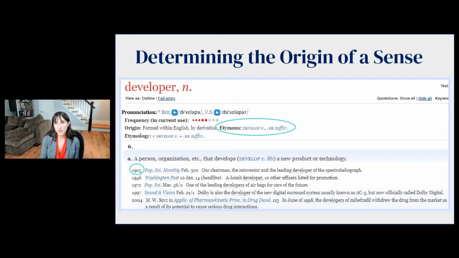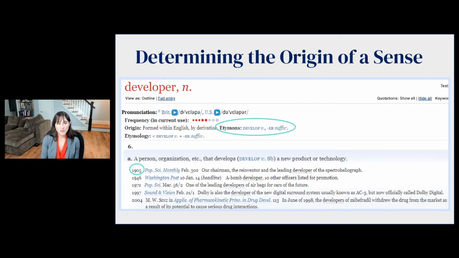The OED has a lot of contextual information embedded in the structure of each entry that can help you identify which sense is most directly related to the new sense from the data set, but there's not a clear line from A to B. And so it's also necessary to apply some analytical understanding of the OED, its structure, and its compilation to determine the origin of any given sense.